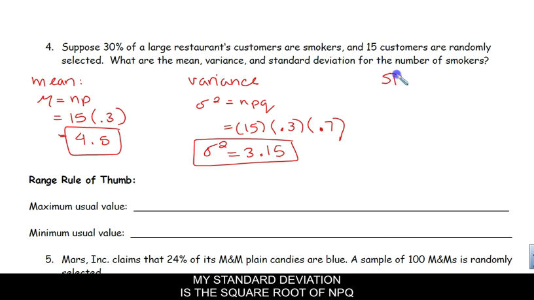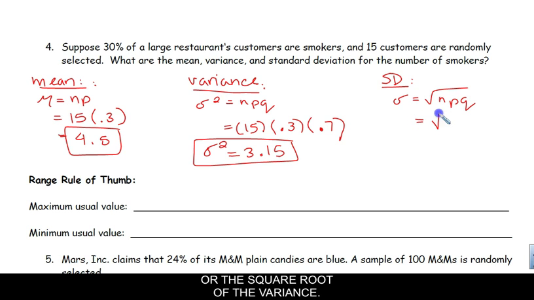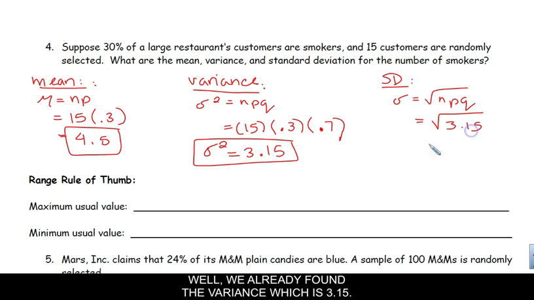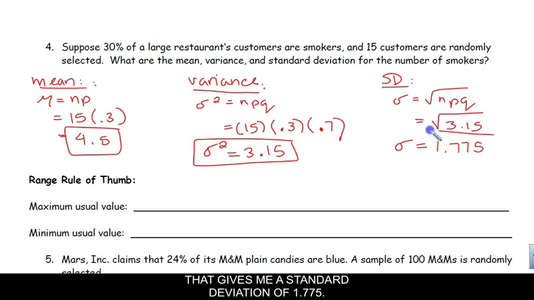My standard deviation is the square root of NPQ, or the square root of the variance. Well, we already found the variance, which is 3.15. That gives me a standard deviation of 1.775.